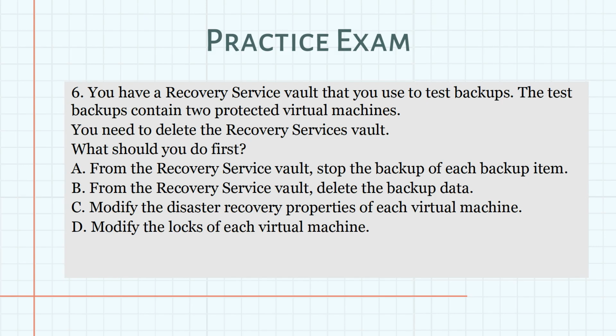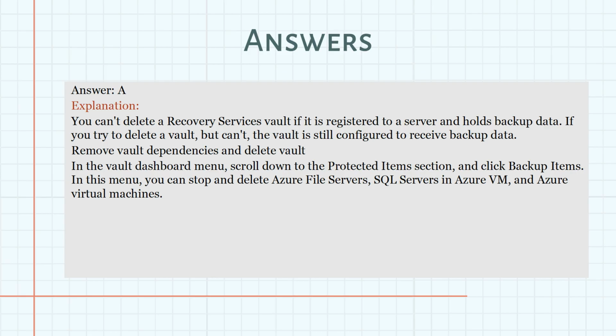B. From the recovery services vault, delete the backup data. C. Modify the disaster recovery properties of each virtual machine. D. Modify the locks of each virtual machine. Check for the correct answers.